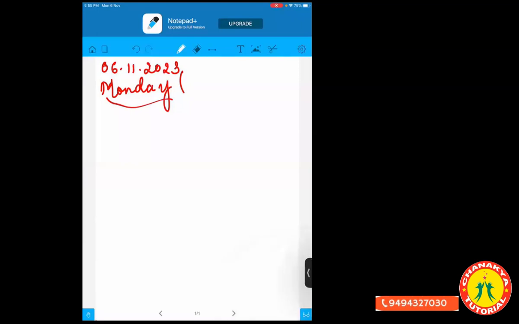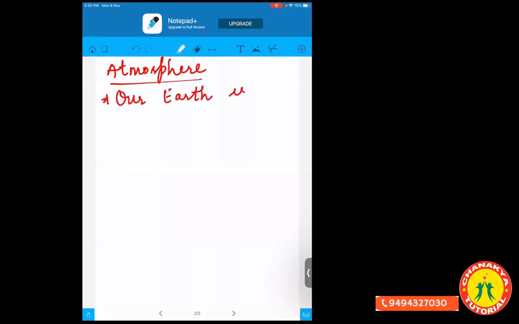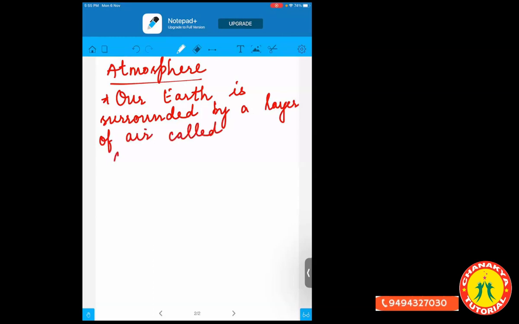Fine. So we'll be starting our topic, which is the atmosphere. The first point of the atmosphere is: our Earth is surrounded by a layer of air called the atmosphere.